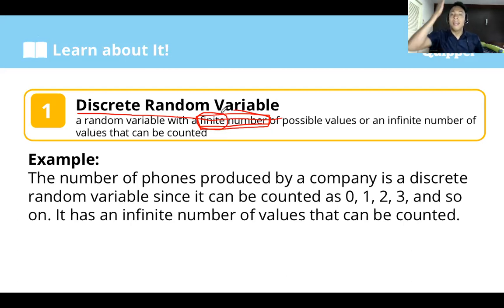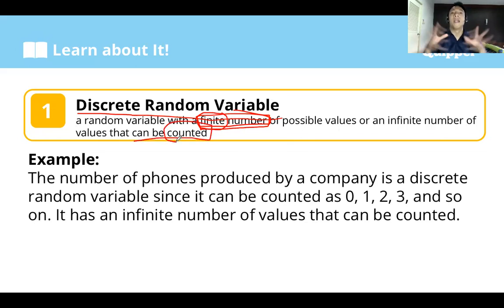Ibig sabihin, exact. Okay, that is finite. Hindi siya pwede na mag-pass ng may mga dot na ganyan. So it must be an exact number of possible values or an infinite number of values that can be counted. Another clue: that can be counted.